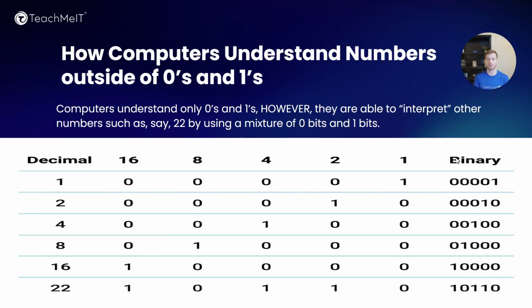Again, this is how the computer interprets our data. So no matter what we're working with, binary is always there. No matter if you're using numbers, emojis, letters, or anything, that's how our computer processes data, through binary and through zeros and ones. And this is just an example of what some numbers might look like in binary.